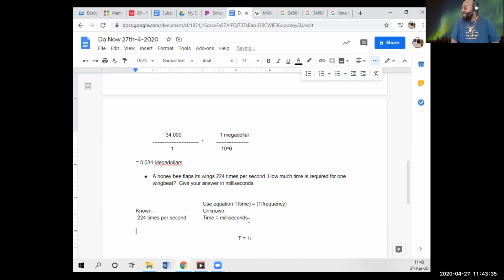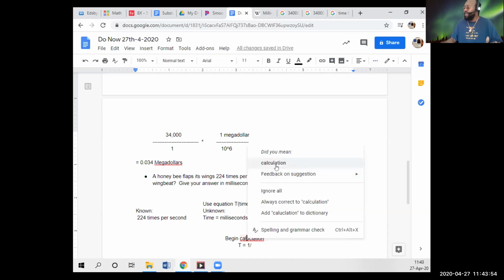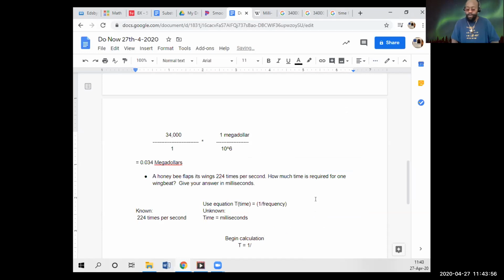This is where we do the work. We begin the calculation here, and this is basically how more of your problems are going to start looking when you set them up. So again, that's 224.